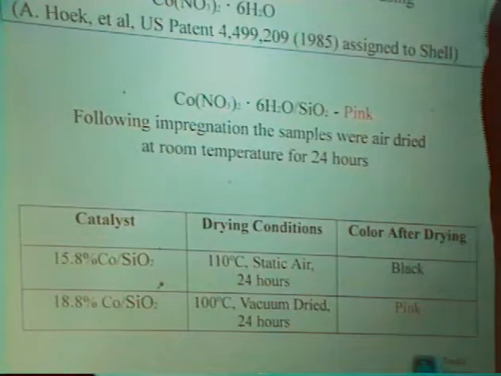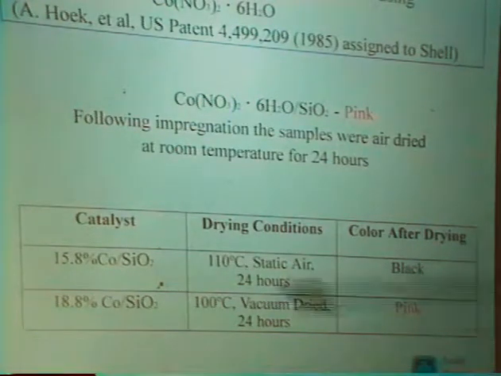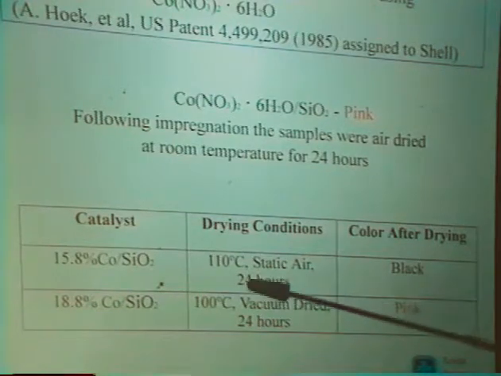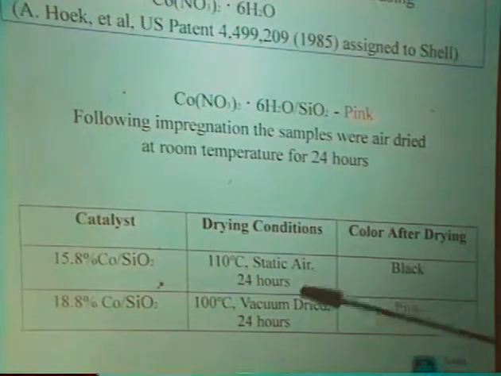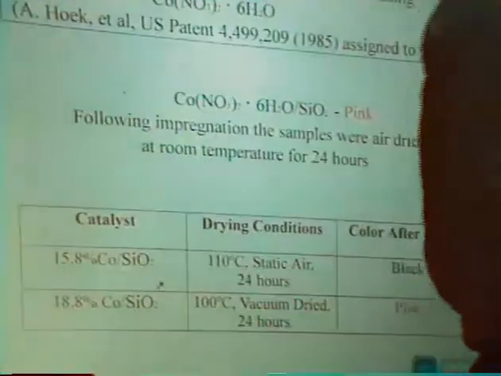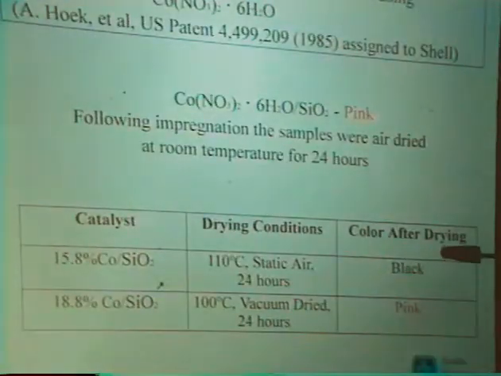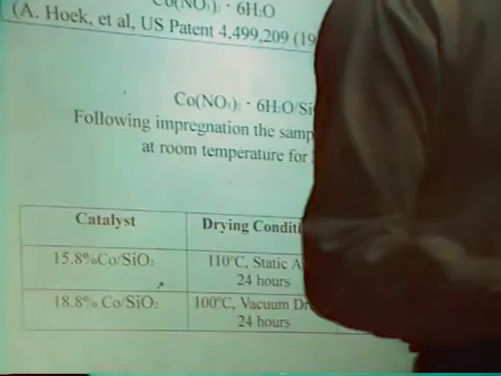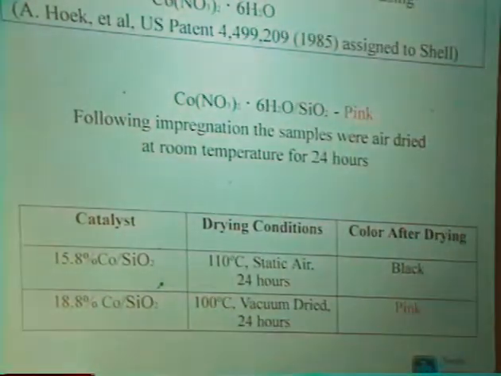Following that, we did an elevated drying procedure for a 15.8 weight % cobalt on silica catalyst. We dried it at 110 degrees in static air for 6 hours. Following this drying step, the color of the catalyst had changed to black, which indicated that it had converted from cobalt nitrate to cobalt oxide.